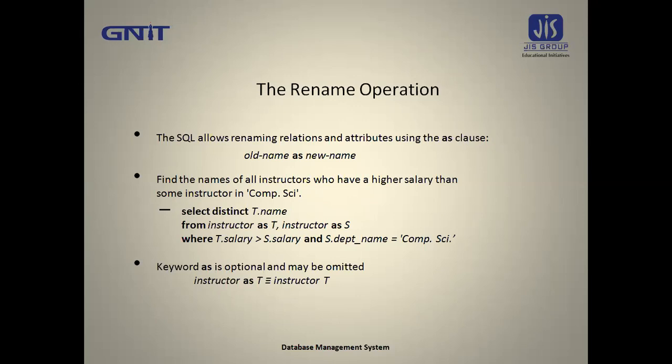Look at the query: we need to check that all those instructors' salary should be higher than some instructor in the computer science department. So we are putting two predicates: T dot salary is greater than S dot salary and S dot department name equals computer science.